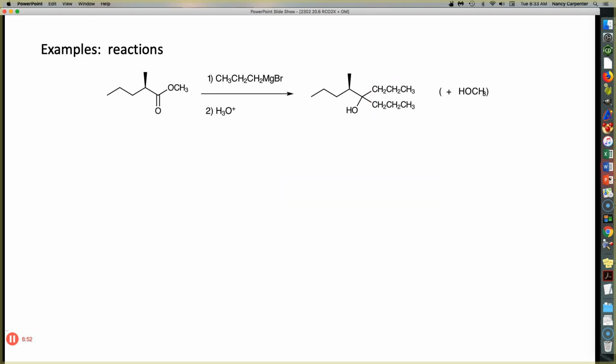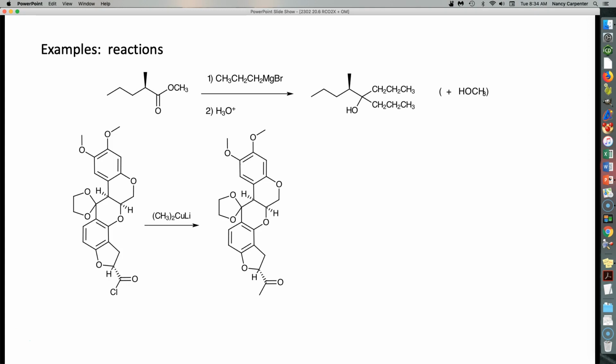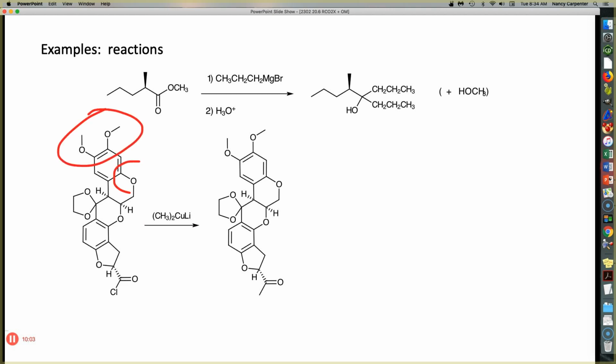How about this reaction? Now we've got the special organometallic, a cuprate. We just have to figure out where in the world it's going to react. Is it going to do conjugate addition? Is there a coupling reaction going on here? These are just ethers. There's an acetal.